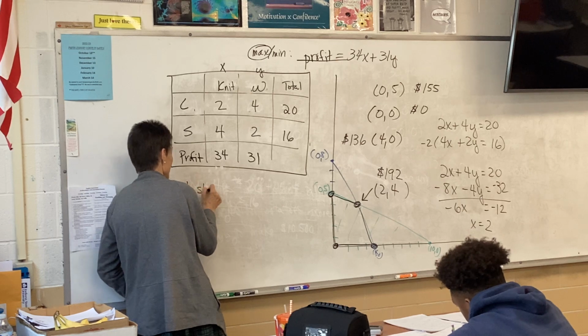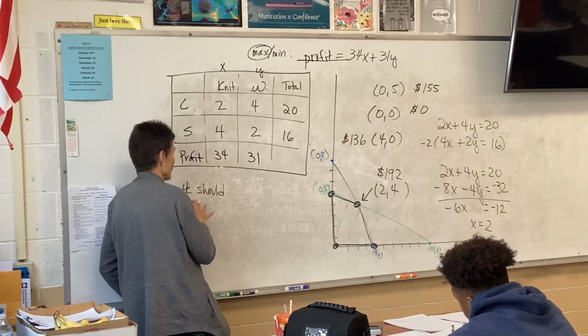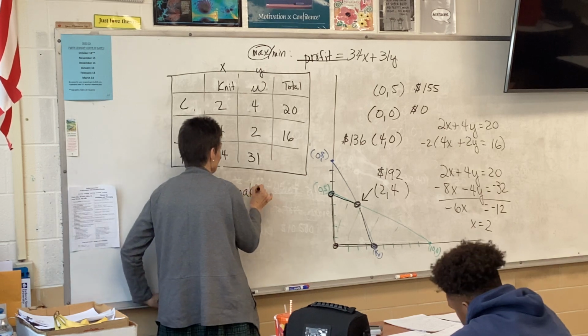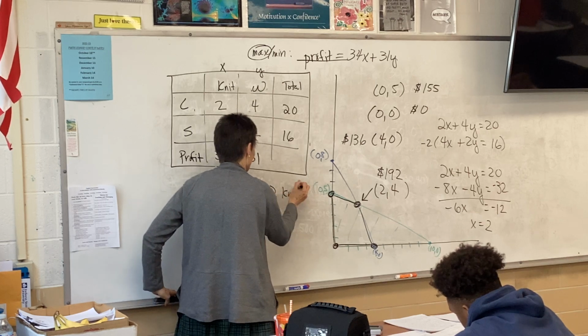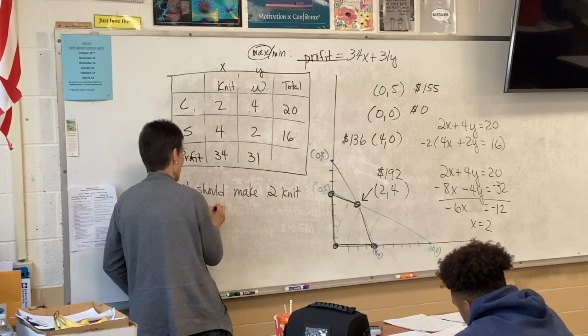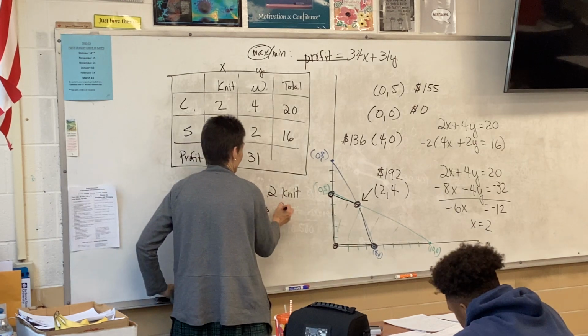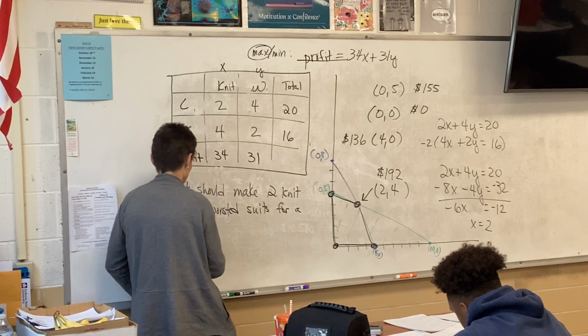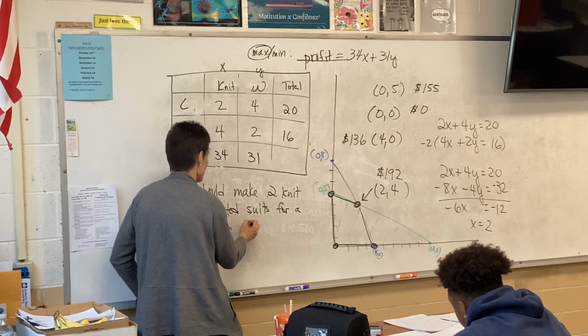He should make, the tailor should, the idea is what's important. So he should make what? 2 knits and 4 worsted suits for a profit of, what do we say, $192?